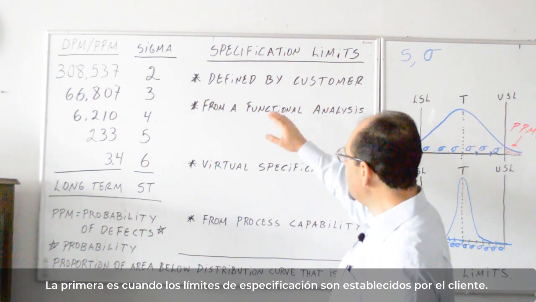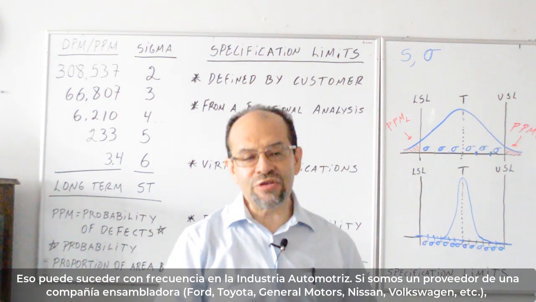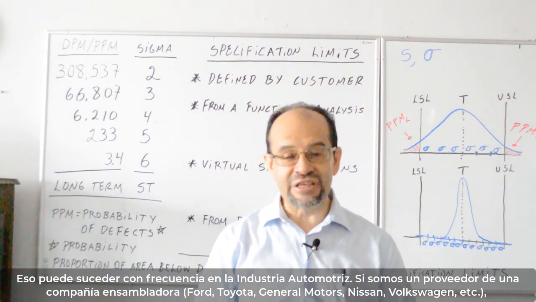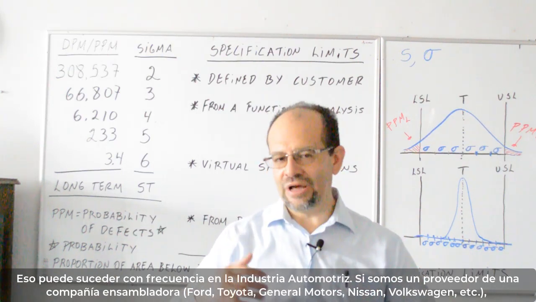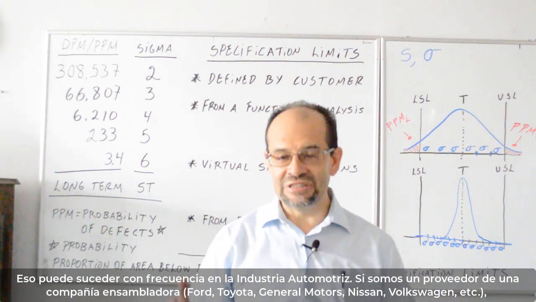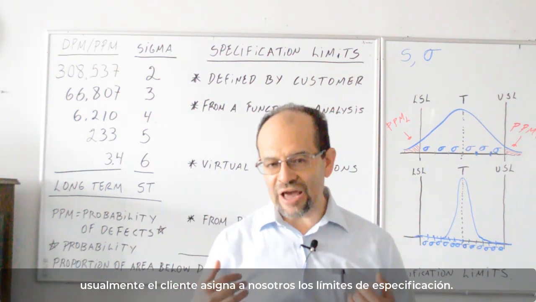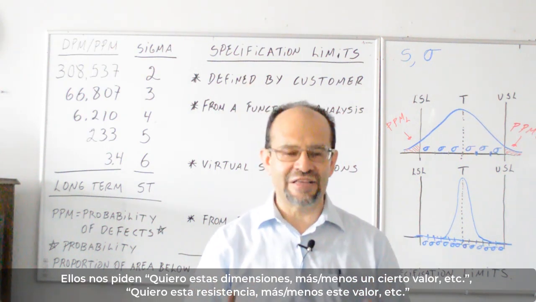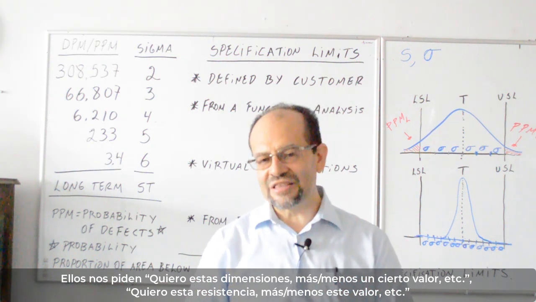The first one is when the specification limits are defined by the customer. That happens very frequently in the automotive industry. If we are a tier 1 or tier 2 supplier of an assembly company like Ford, Toyota, General Motors, Nissan, Volkswagen, etc., usually the customer gives us the specification limits: I want these dimensions plus minus this, I want this resistance plus minus this.